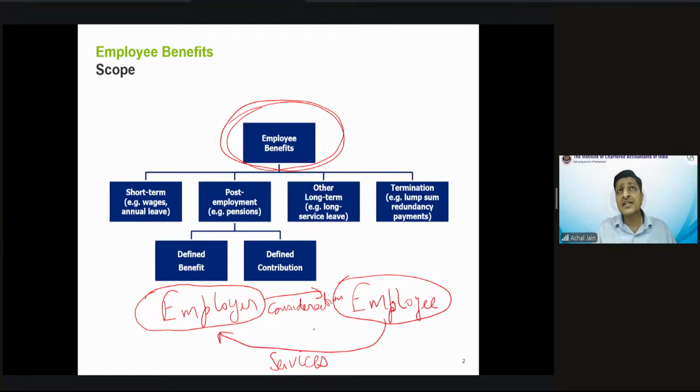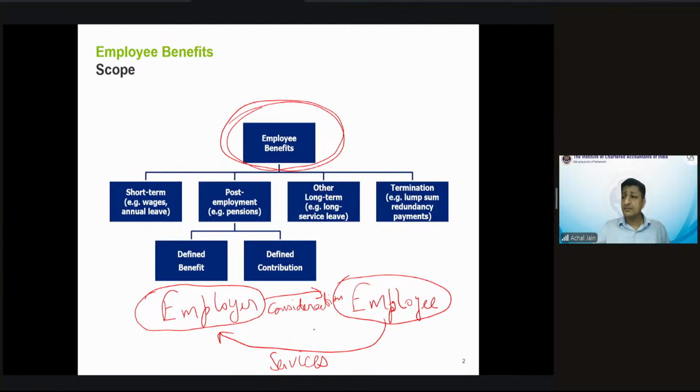Another question arises: is it necessary that the employee should be working for the employer on a full-time basis? No. The employee may be working on a full-time basis, on a part-time basis, or it could also be a casual thing, which is also called casual labor.